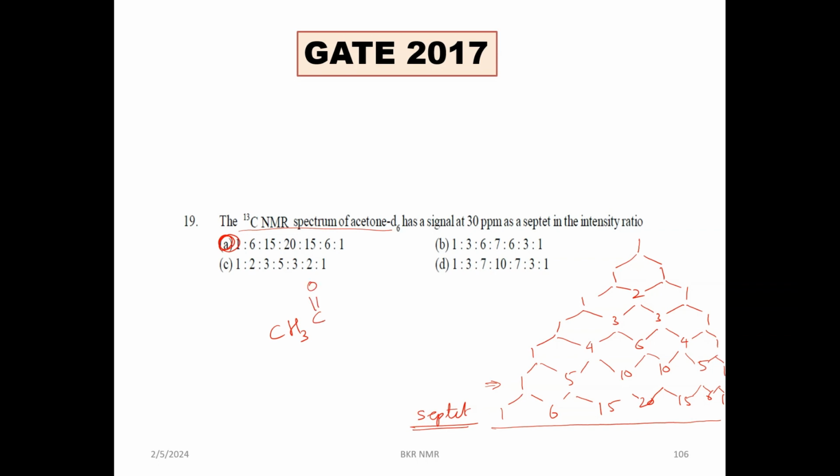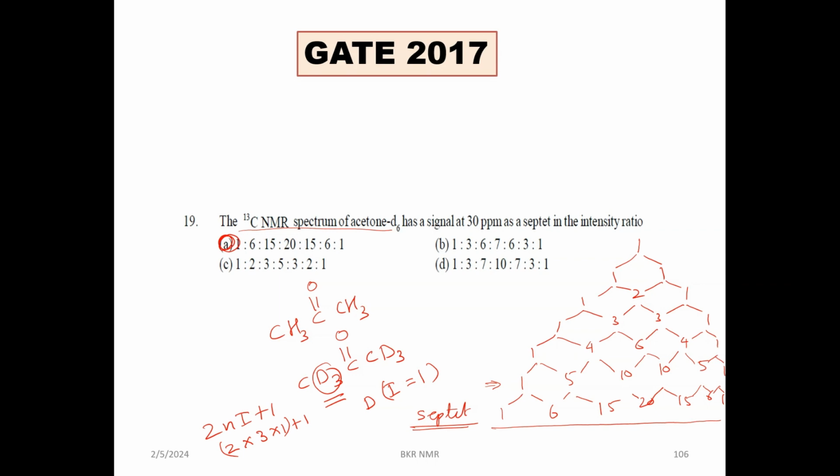So here this is acetone, and they are talking about CD3, C double bond O, CD3. Is it not? Deuterium is D, which has I equal to 1. Therefore, we use the 2nI plus 1 formula for splitting. So I'll be having 2 into the number of neighboring deuterium per carbon. You have 3 deuterium, so 2 into 3 into 1 plus 1.